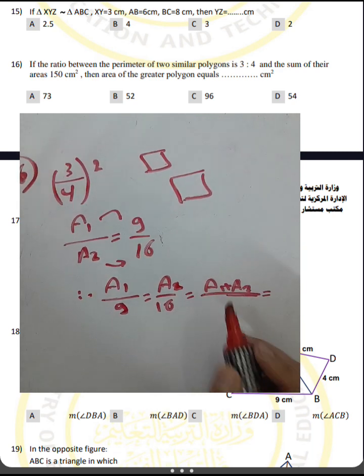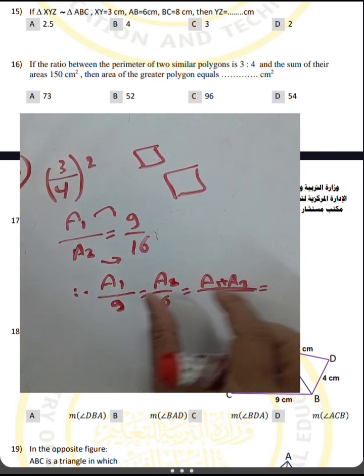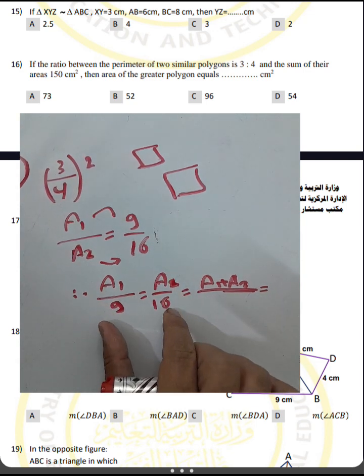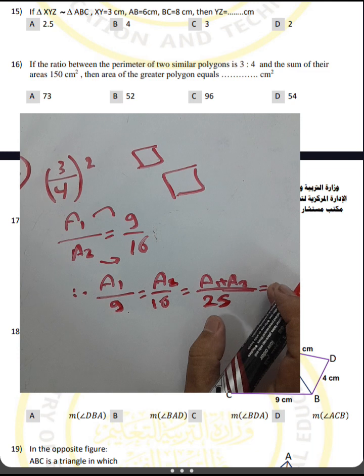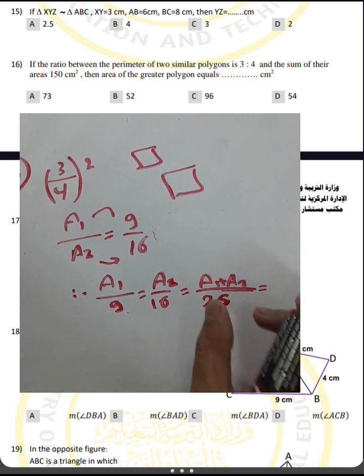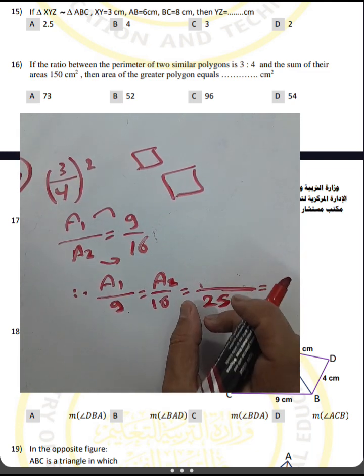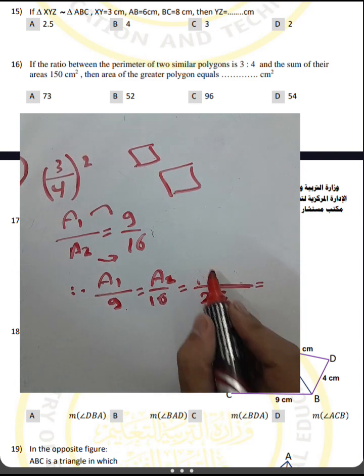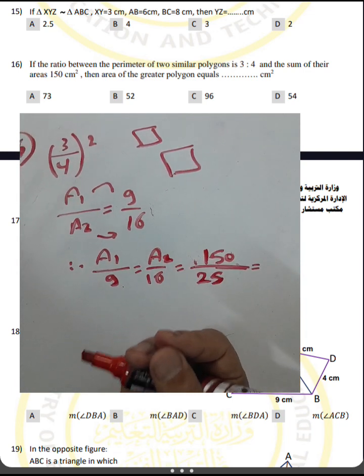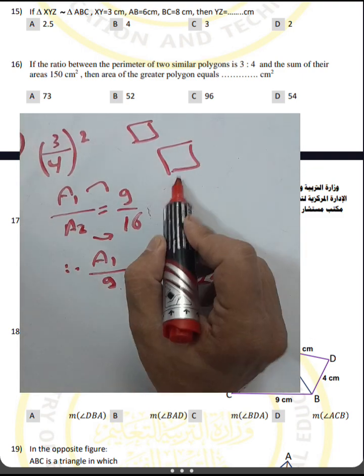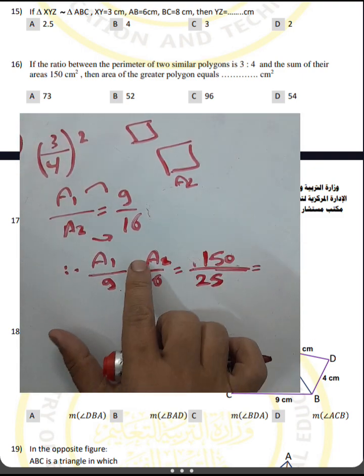We know this property of proportions: if we add the numerators, you must add the denominators. 9 plus 16 will be 25. The sum of the areas is 150, and we want to find the area of the greater polygon, which is area 2.